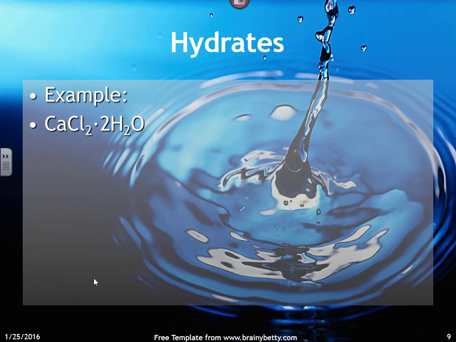Let's try another one. CaCl2 dot 2H2O. Find the percent water. You'll need to know the part that is water and the total mass of the compound.